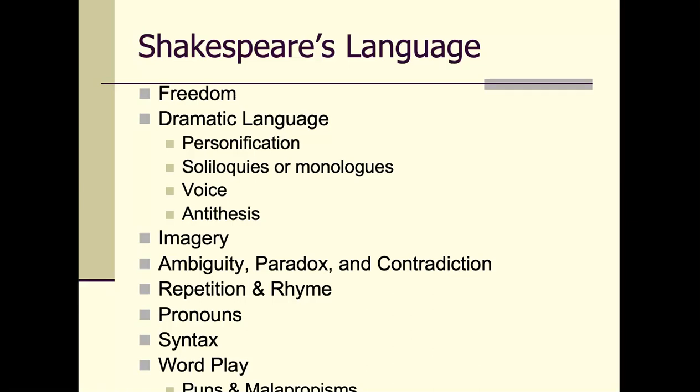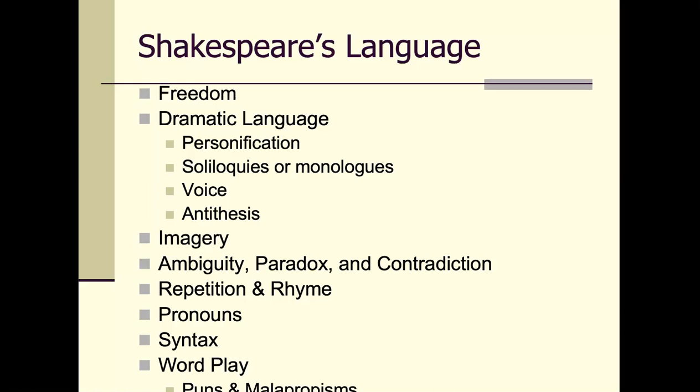You've got voice, antithesis, imagery, ambiguity, contradiction, and paradox, which is the seemingly absurd or self-contradictory statement or proposition that, when investigated or explained, may prove to be well-founded or true, such as "my weakness is my strength."